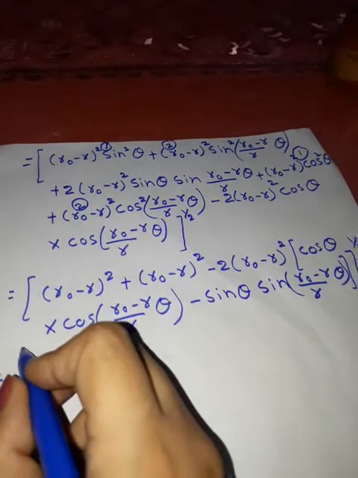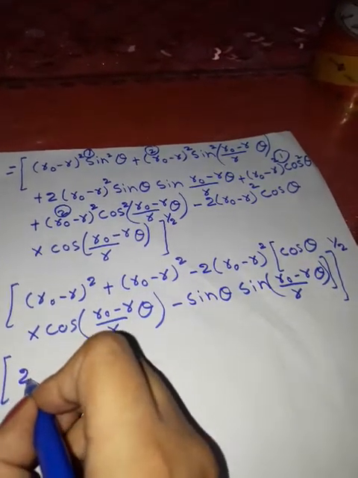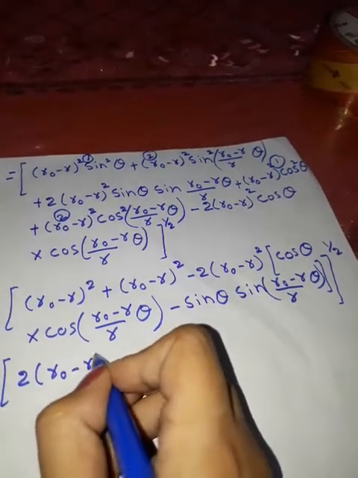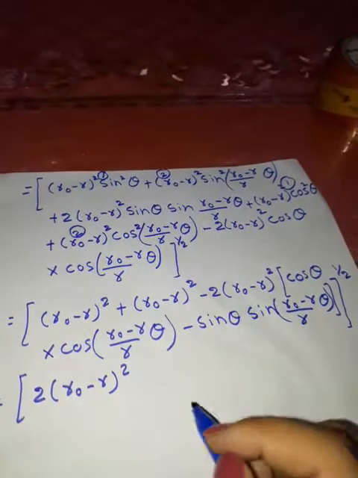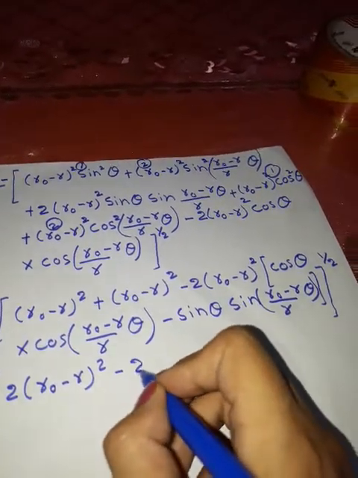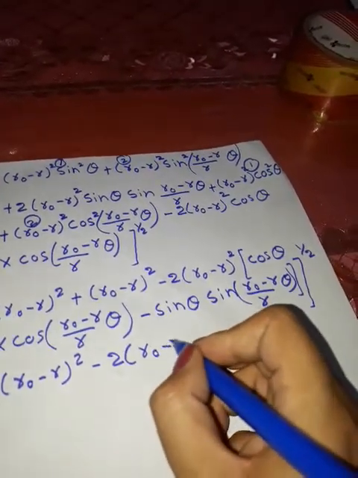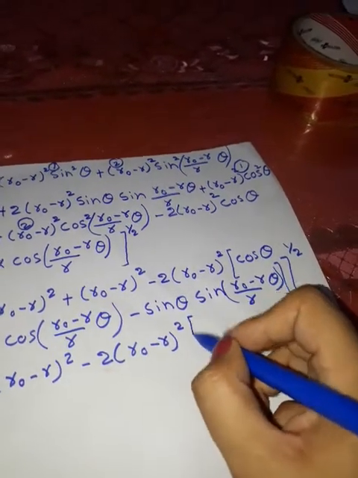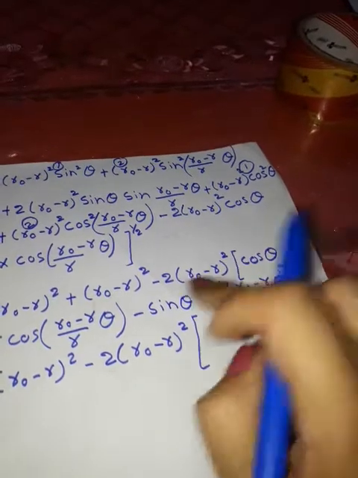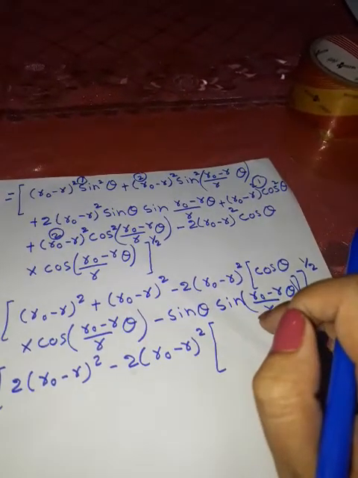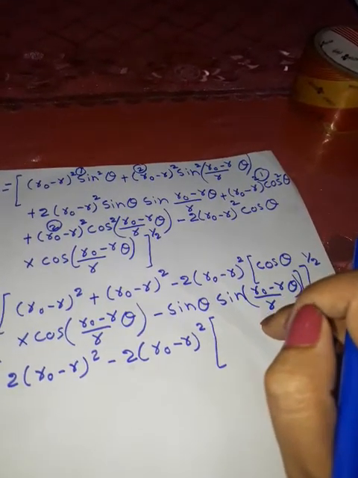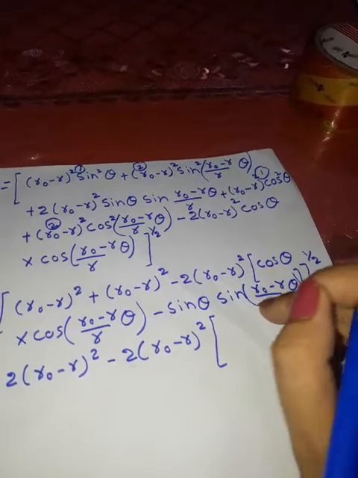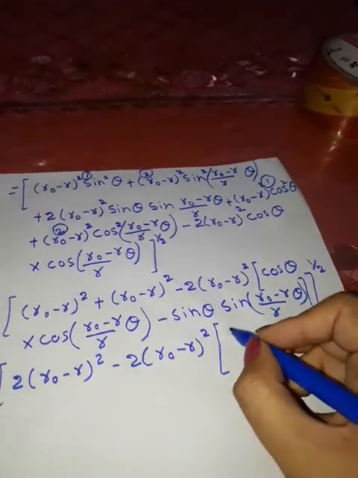Now it is equal to 2 r naught minus r whole square, by adding these two terms, minus 2 r naught minus r whole square. Now I can compare this term with cos alpha plus beta. So what I get?